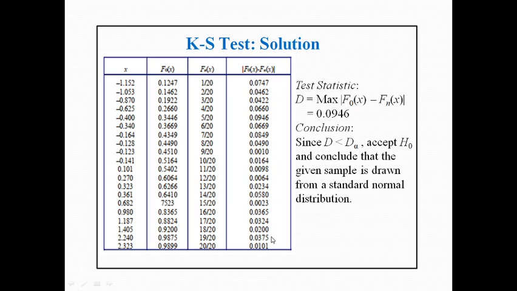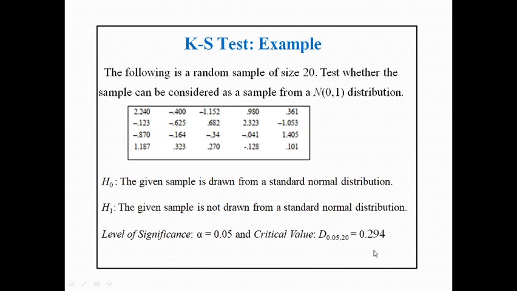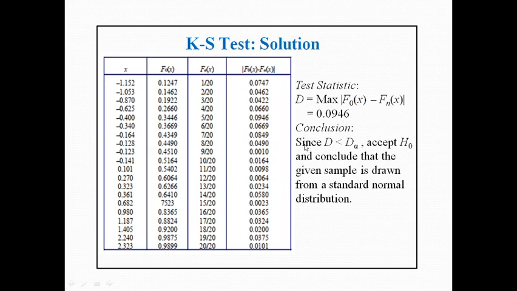These are the absolute differences, and the maximum of this column is 0.0946, and this is our test statistic. This value 0.0946 is less than 0.294. Therefore D is less than D alpha, that means the calculated value is less than the table value.